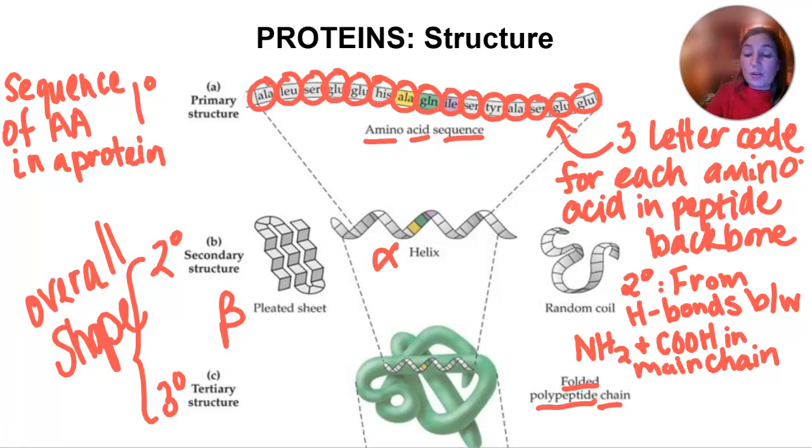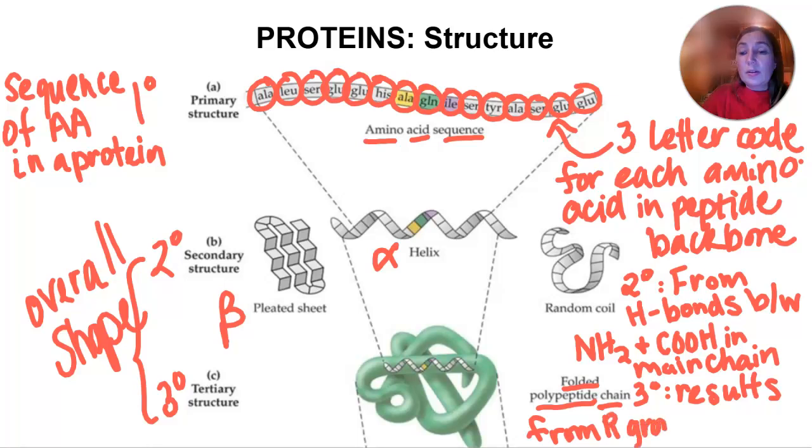That tertiary structure really results from R group interactions. So remember that the amino acids each have an R group. So that tertiary structure results from R group interactions.